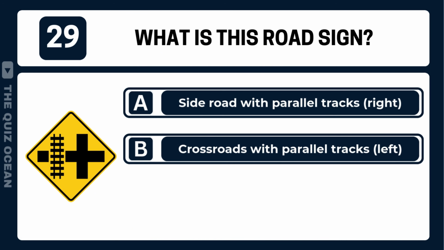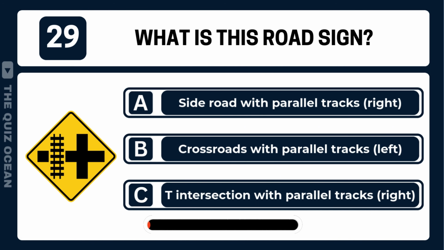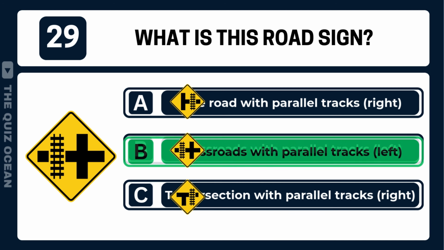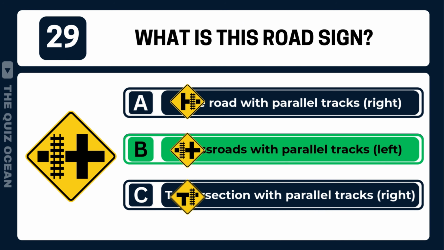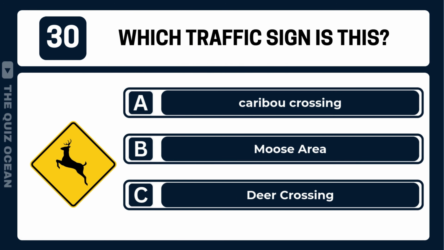Question 29. What is this road sign? The answer is B. Crossroads with parallel tracks left. Question 30. Which traffic sign is this?